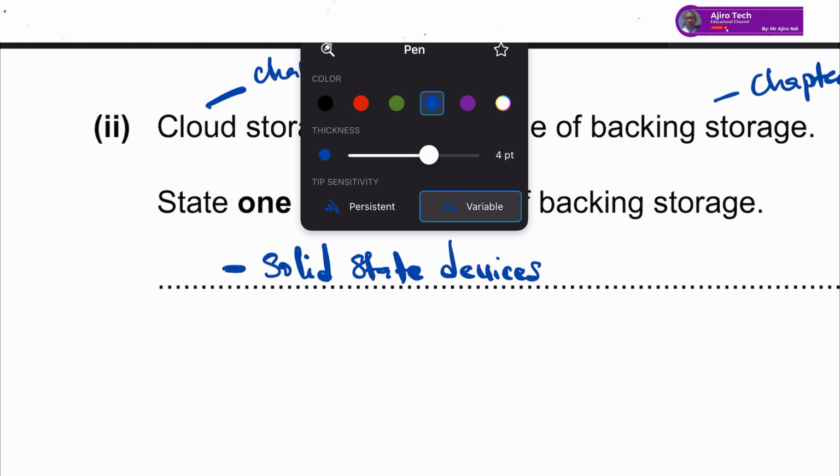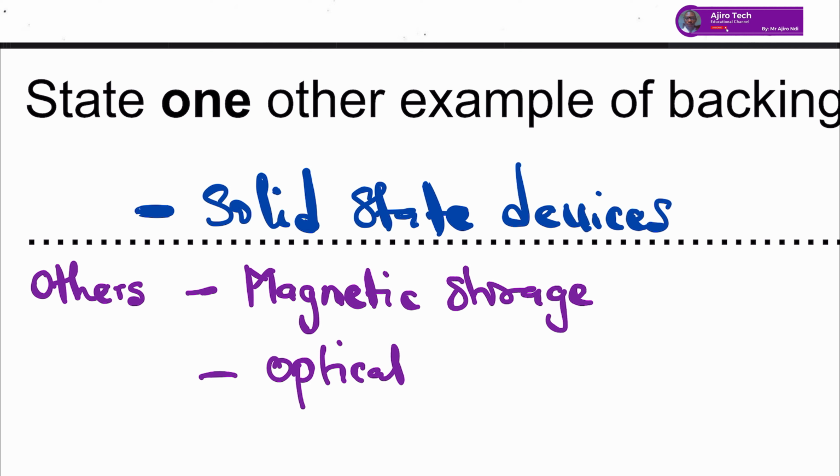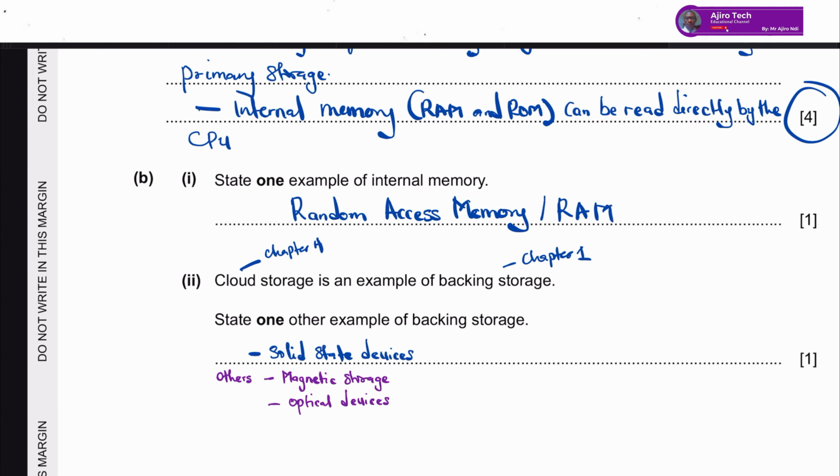So if you're looking at it in others here, you probably see we have magnetic storage, or magnetic devices. Then we have optical devices. Any one storage device, anyone. Okay, so we have that.